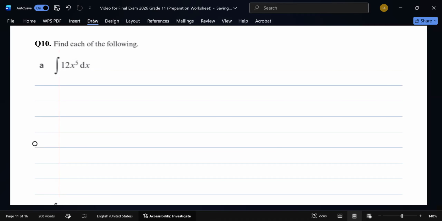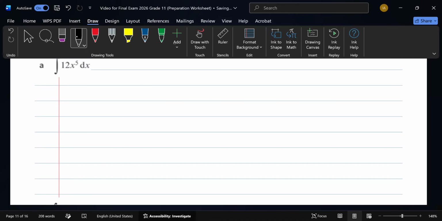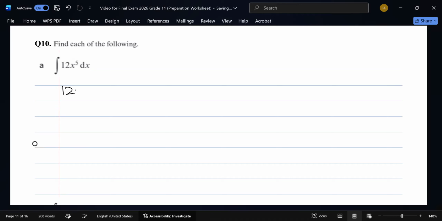Now, let's start. How do we integrate? For the integration, constant 12 will remain the same. What we do, we add 1 in the power, first thing. Second thing, we divide by the same power. Third thing, we must add a constant c.